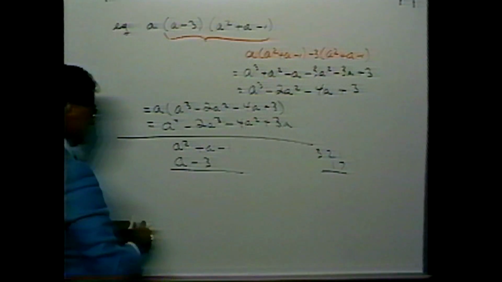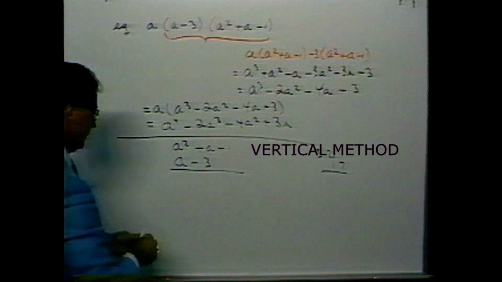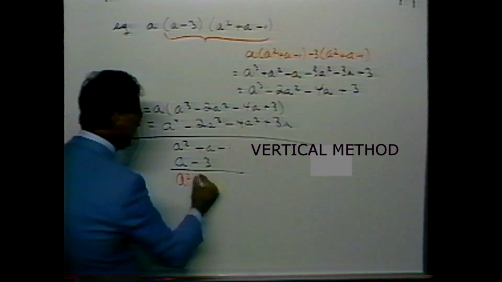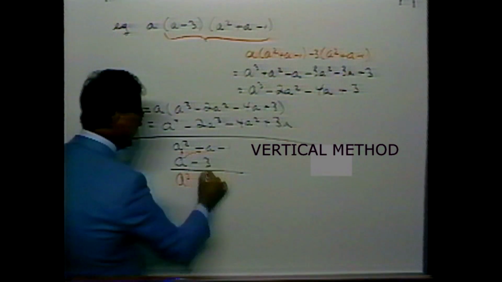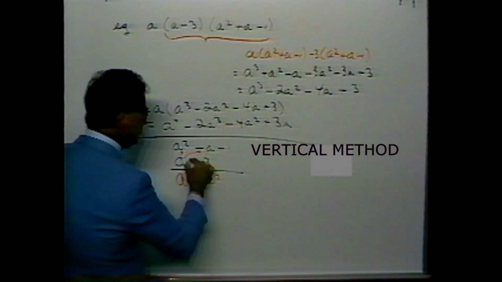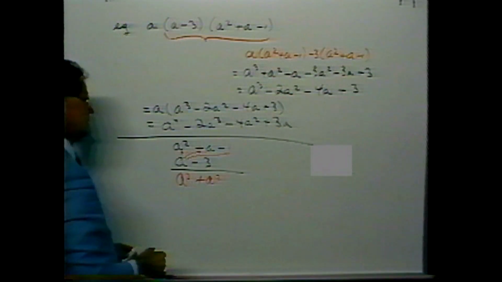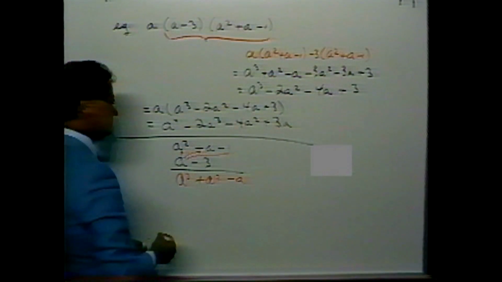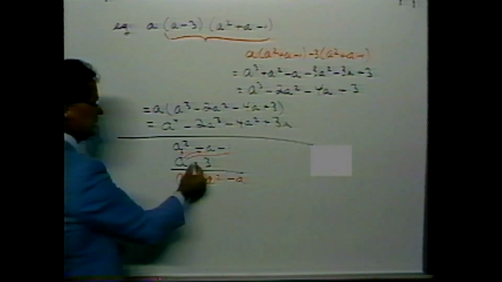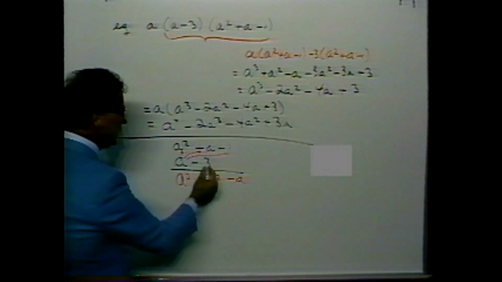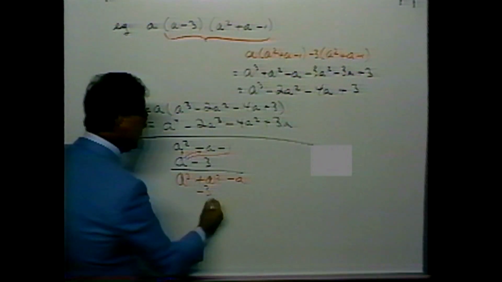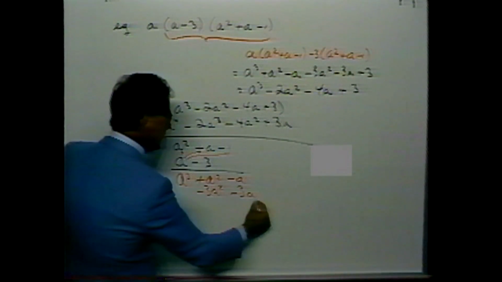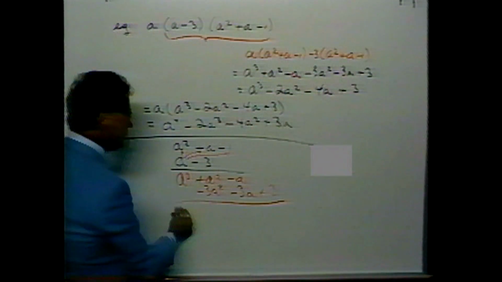Continuing then and obtaining partial products, we have a cubed multiplying those two, followed by multiplying those two, followed by multiplying the third one, which is minus a. Repeat with negative 3, and we have negative 3a squared, followed by negative 3a, followed by positive 3.